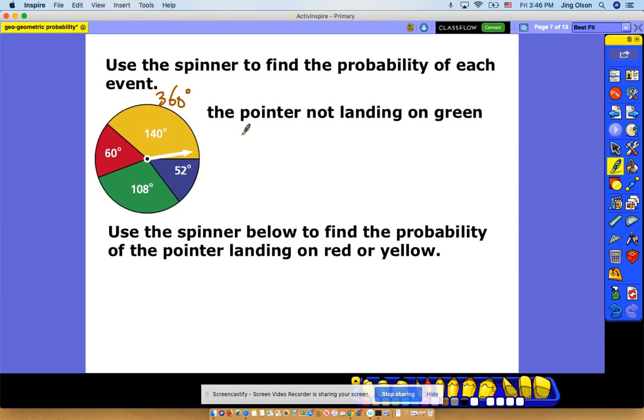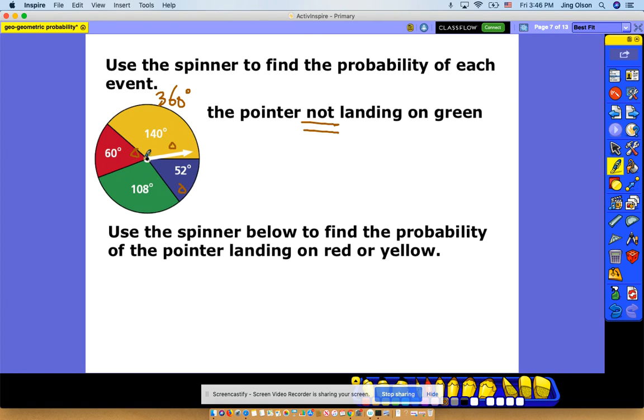So if you randomly spin this, what's the probability the pointer is not landing on green? Not landing on green means landing on these 3 sections, right? So you do 60 plus 140 plus 52. Or you can just do 360 minus 108. You get the same answer.